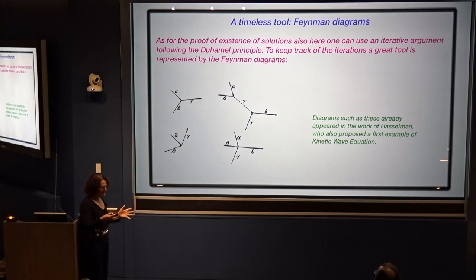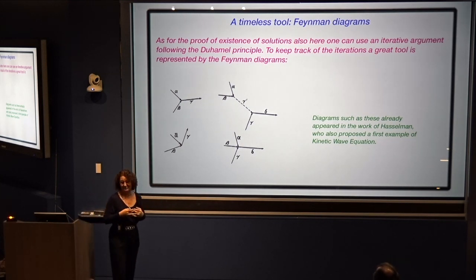If you read these papers that rigorously derive the kinetic wave equation, there are many, many elements in them. A lot of what was explained above, dispersive estimates, but there is also a lot of combinatorics, a lot of study of certain objects, which I would like to call Feynman diagrams.